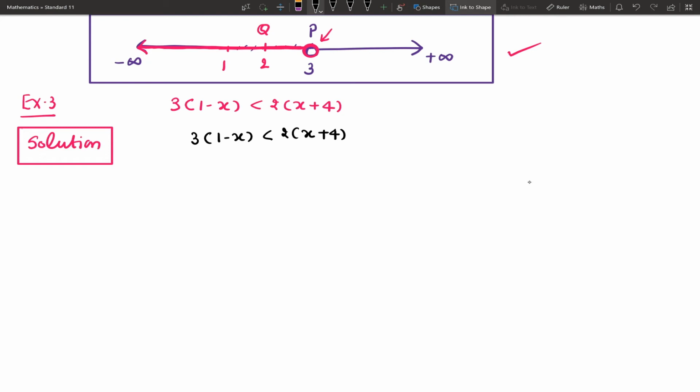So first let us simplify this inequality. We simplify this bracket, 3 into 1 minus 3x less than 2 into x, 2x plus 2 into 4, 8. Now transfer 3x to this side, 8 to this side. So as usual, when we transfer a term it will change the sign.